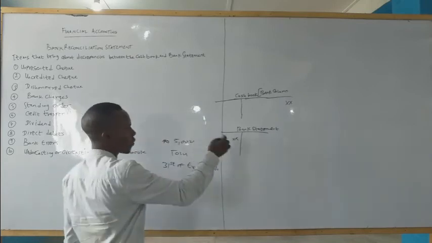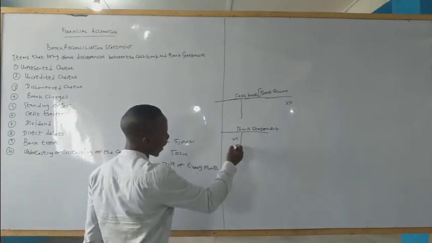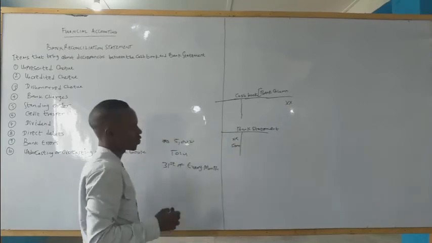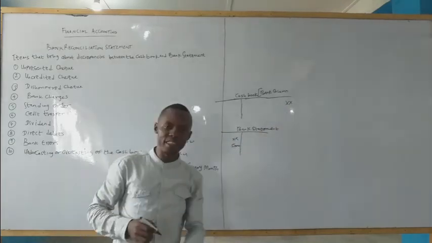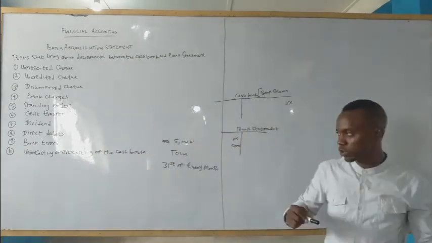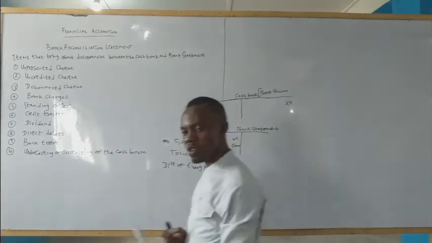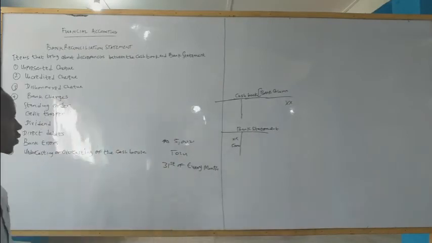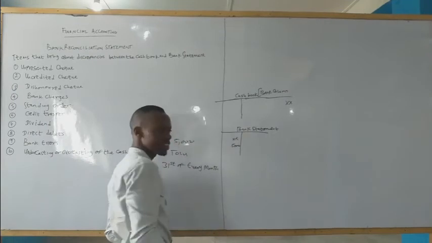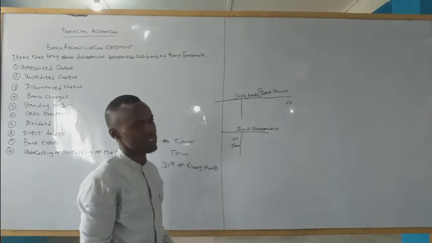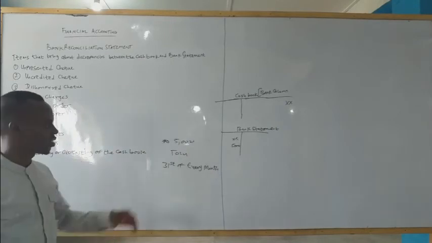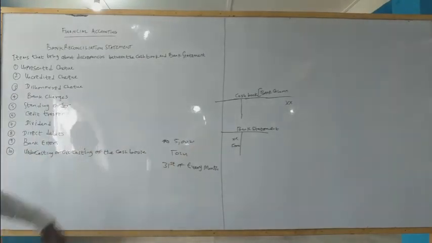So the bank debited our account with 5,000 at the end of the month, but we have not done anything in our cash book. This will affect our cash book, because we are not putting any entry here, but our bank statement is debited with 5,000 naira.